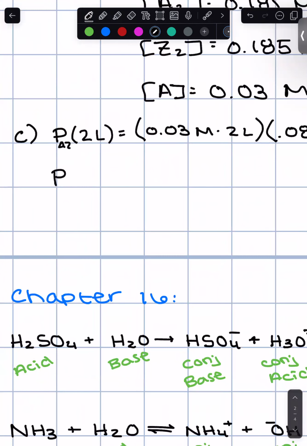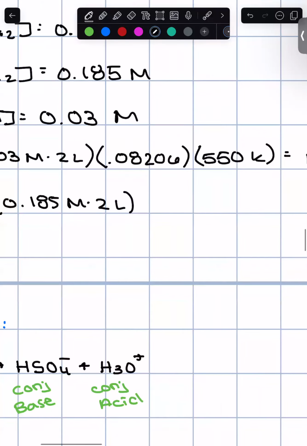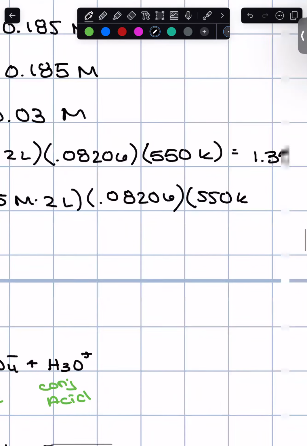And then the partial pressure of A2 is going to be equal to the partial pressure of Z2, because remember, pressures are proportional. We know that from Henry's law, and we can just see that from the equation here because they both have the same concentration. We have 0.185 molar times 2 liters times 0.08206 times 550 Kelvin. Remember, we're doing Kelvin.